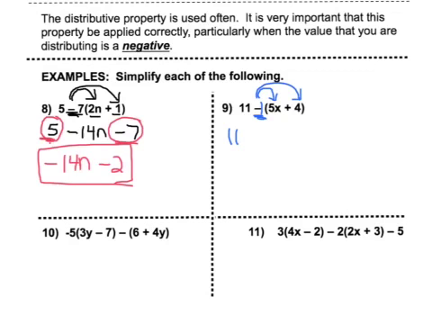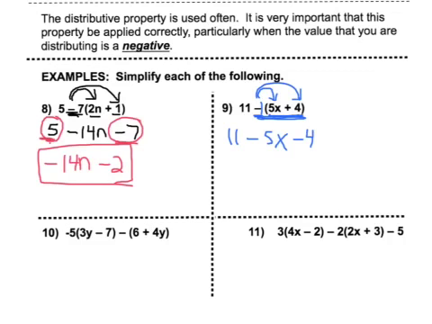So we want to get rid of the parentheses. So a negative 1 multiplied by 5x makes negative 5x. And a negative 1 multiplied by a positive 4 makes a negative 4. Now notice all we did, basically, when you have a negative 1 in front, is you're just reversing the signs of what's inside and putting them down here.